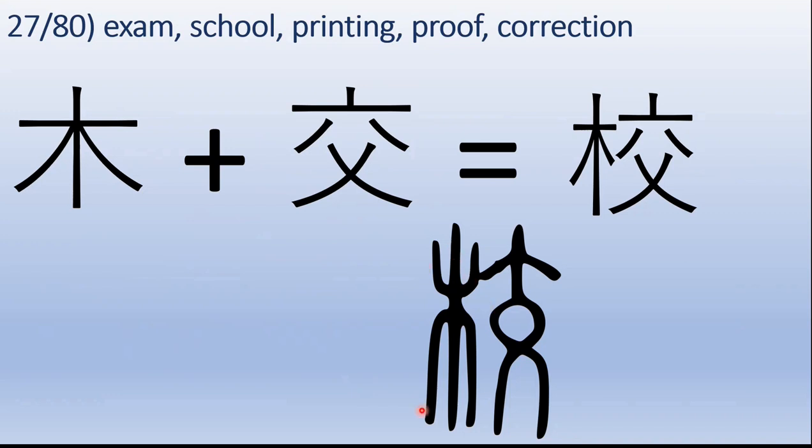This is a tree, this represents a person. How this has been nominated for representing the school is not clear, but this is what it is. In Chinese, we use this character to represent the school.